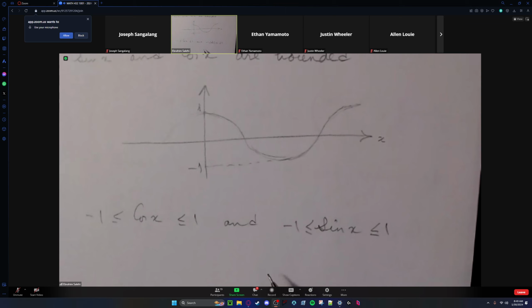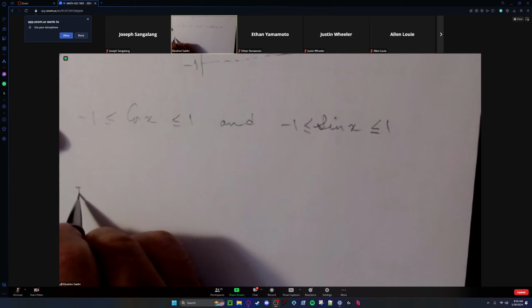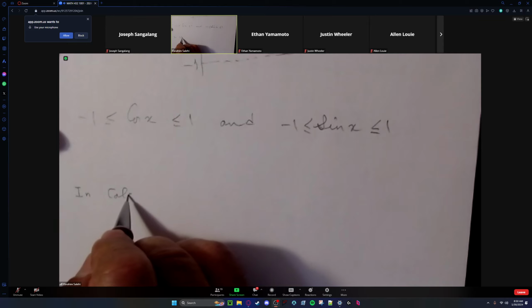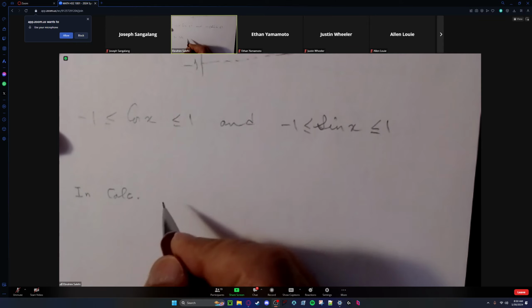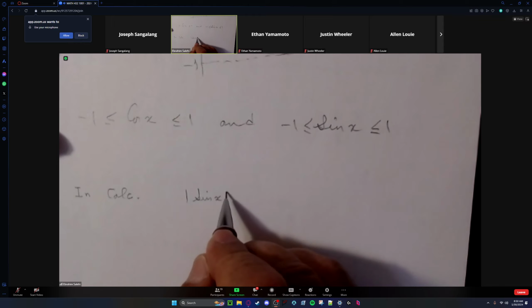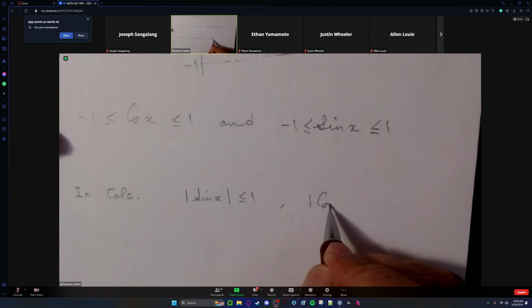Well, for the remainder of the trig discussion, I am going to answer this question. Okay, so here's the question. In calculus, always sine x and cosine x are bounded.